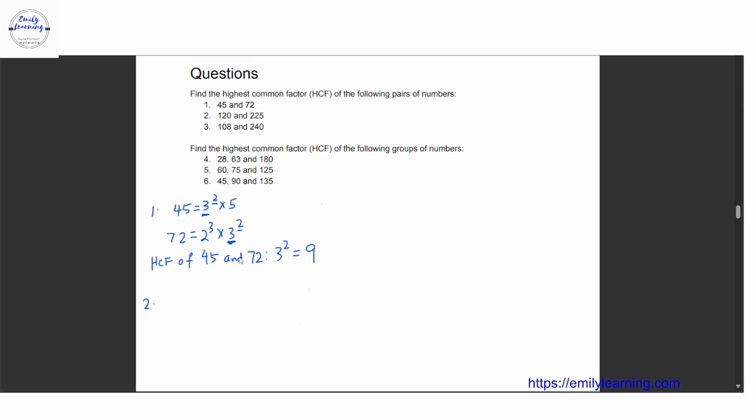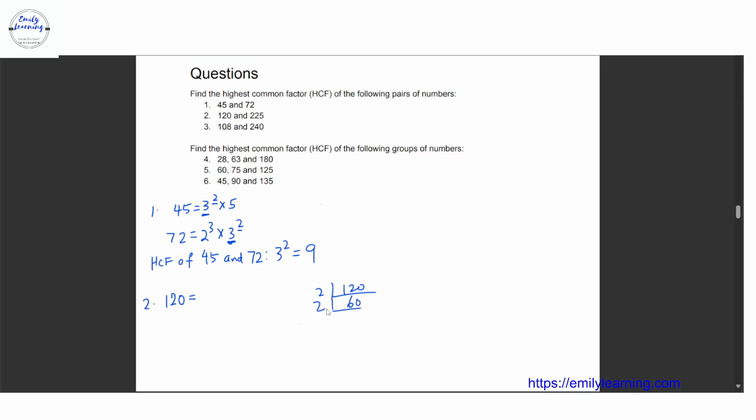Next, let's move on to question 2. To find the HCF of 120 and 225, we first need to express 120 and 225 as a product of their prime factors in index notation. So let's start off with 120. 120 is an even number, so I'll divide it by 2 first.